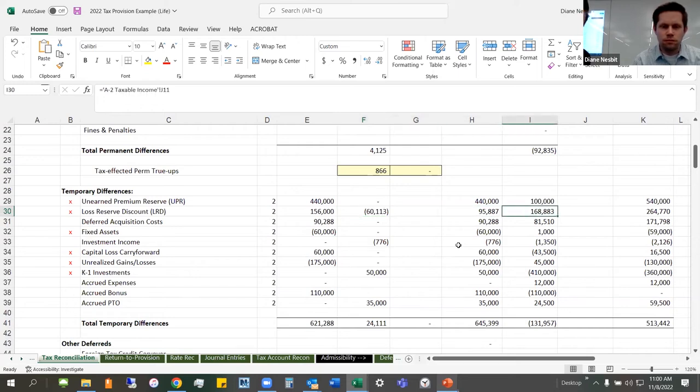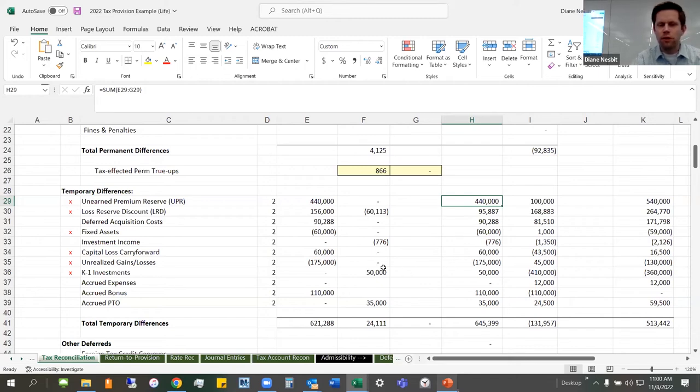So I want to true them up here so that column H is my adjusted beginning, and all these beginning deferred balances now tie to the tax return. So, twofold: true up your deferred balances on your balance sheet, and also run the true up through your current year expense since you didn't last year.